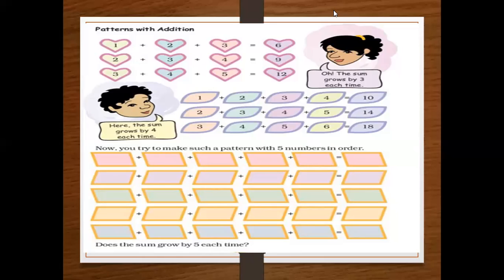So when you are adding 4 numbers, there is an increase of 4: 10, then 14, then 18. So adding 4 numbers, result increased by 4. Now add 5 numbers, see whether result increased by 5 or not. That you have to check. Add 5 numbers and check the result.